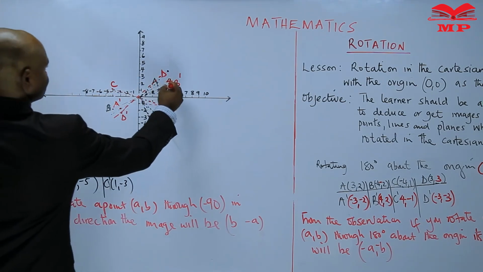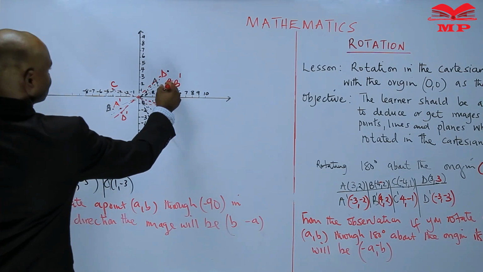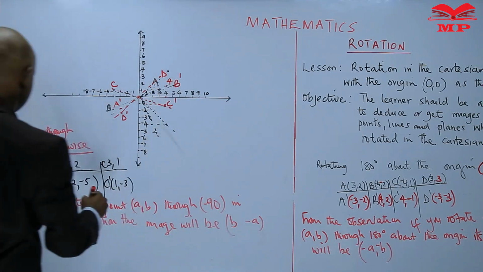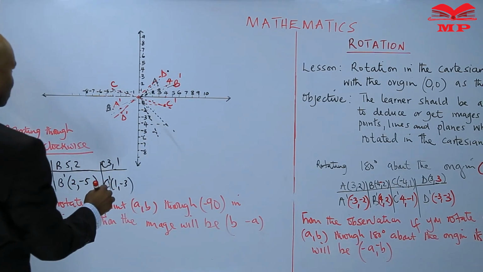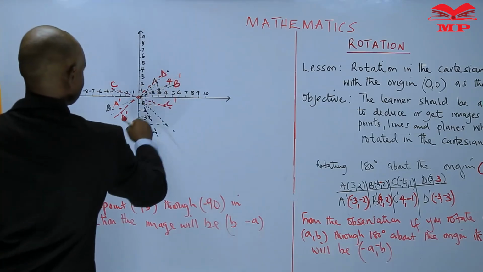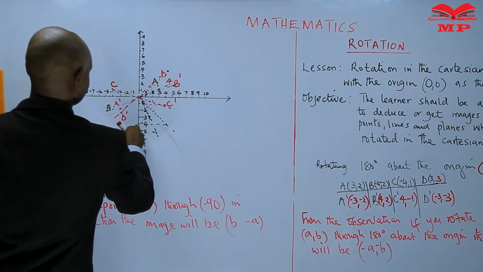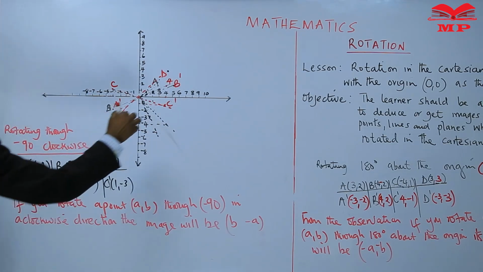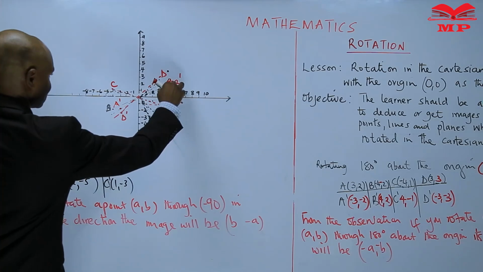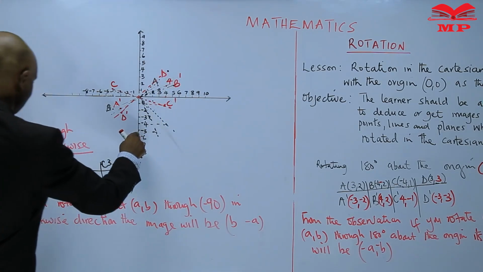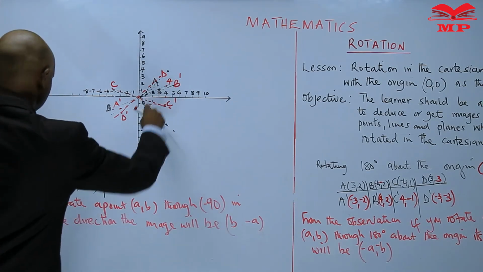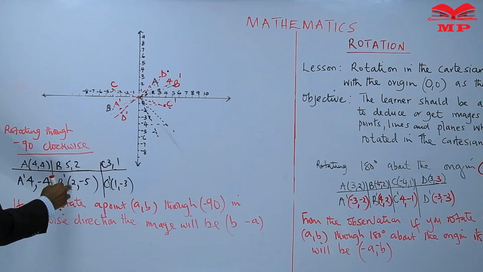Like here 4, 4 came to 4, -4. When we had 5, 2, it came to 2, -5, which means B comes here and A changes the sign.